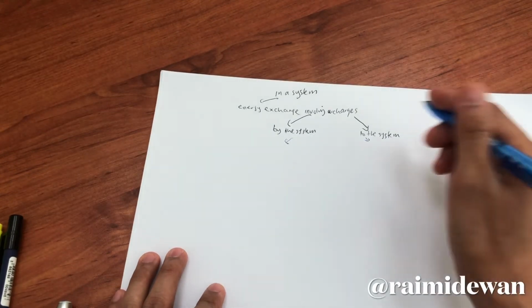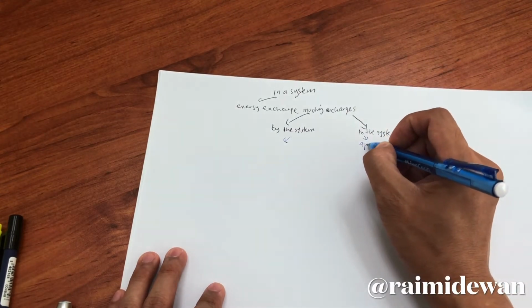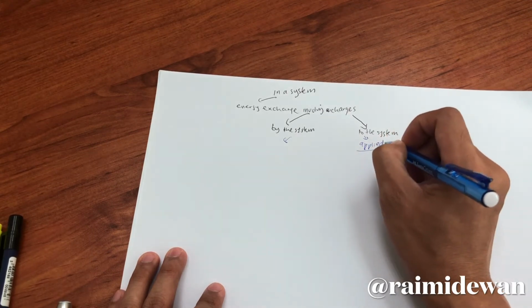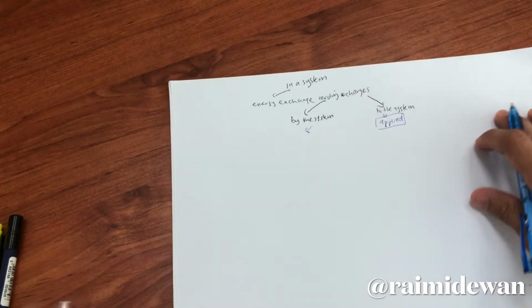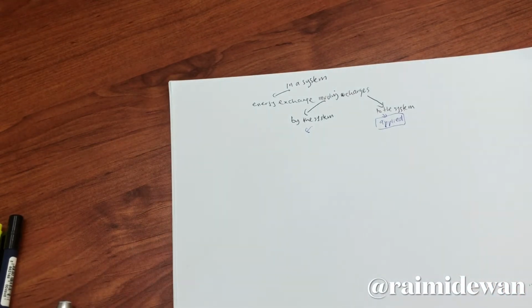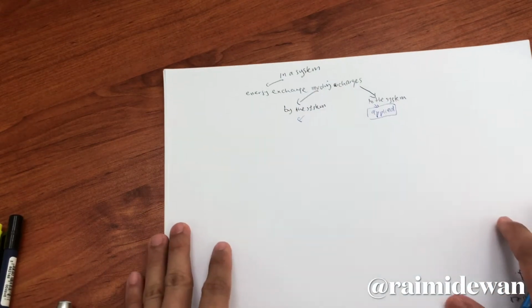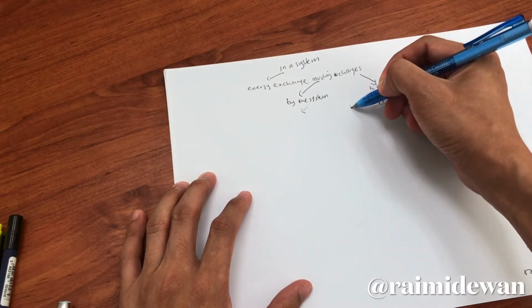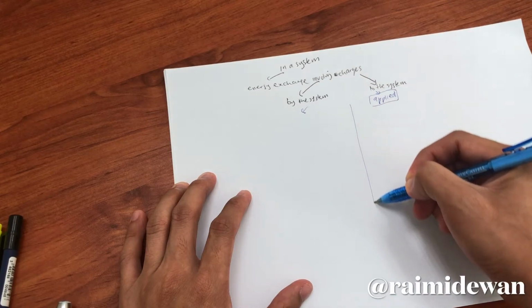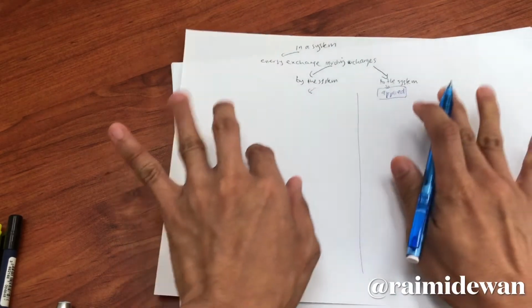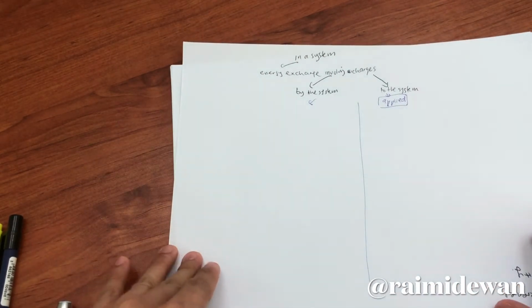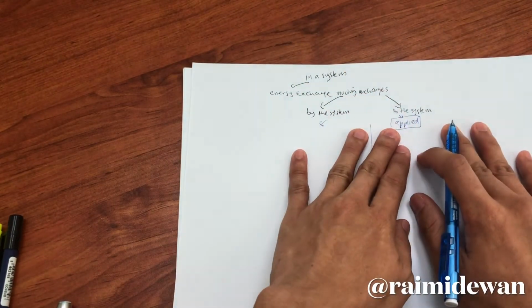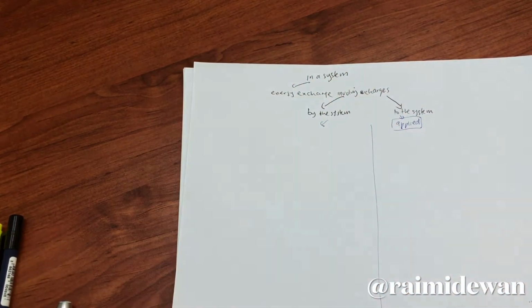So here we will apply some external factor. First we divide this into two distinct systems: done by the system, and second, done to the system.